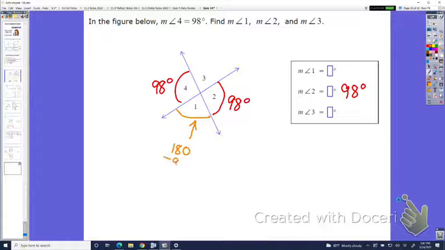So I did 180 subtract 98, so angle 1 is 82 degrees, and the one across from it is also 82. These four angles, if you double check, need to add up to 360, which they do.